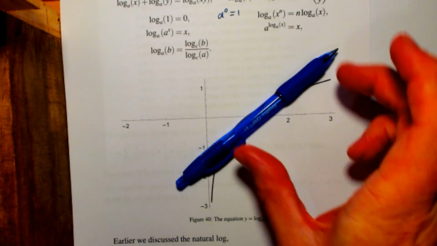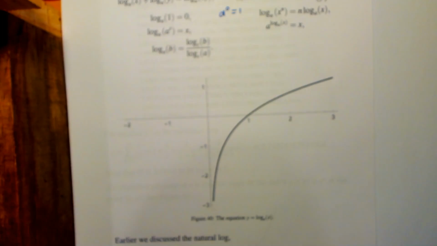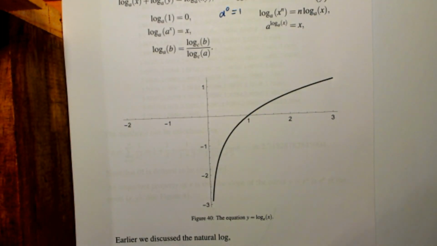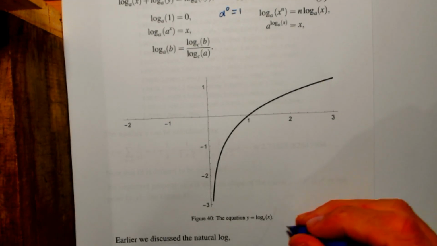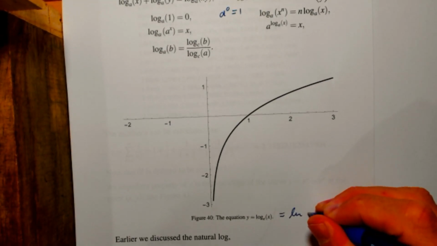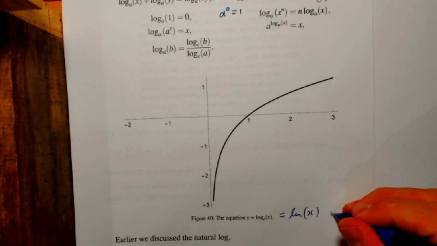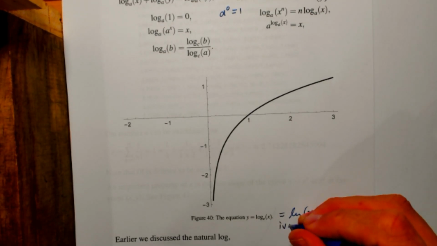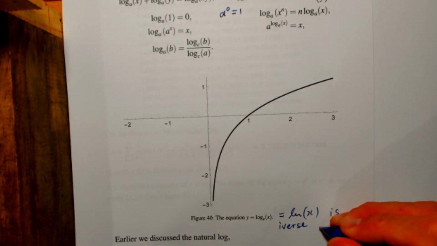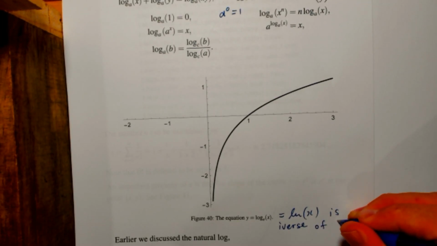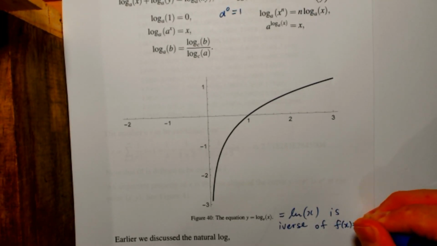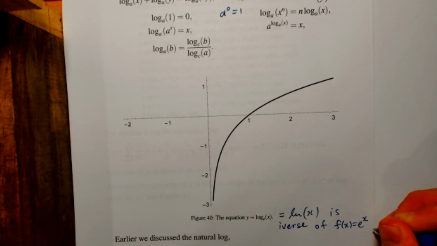If you reflected that about the line y equals x, you would also get a plot of the exponential function, because log to base e of x, or ln of x, is the inverse function of f of x is e to the x.